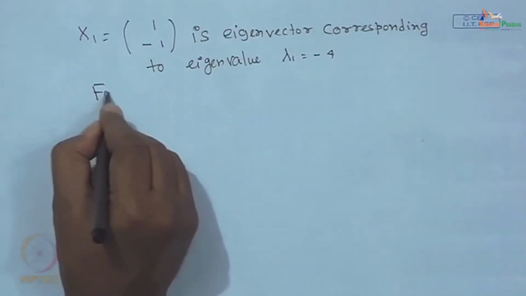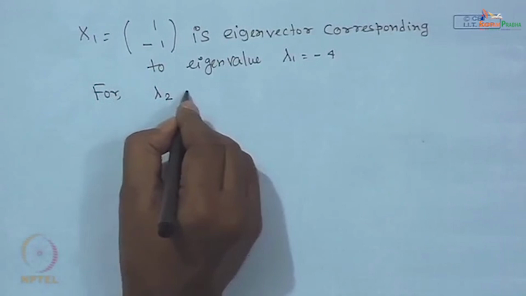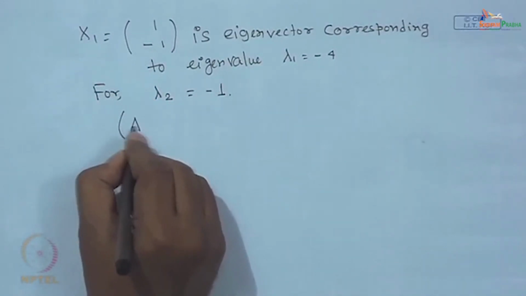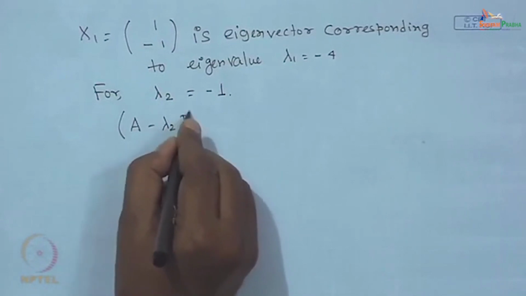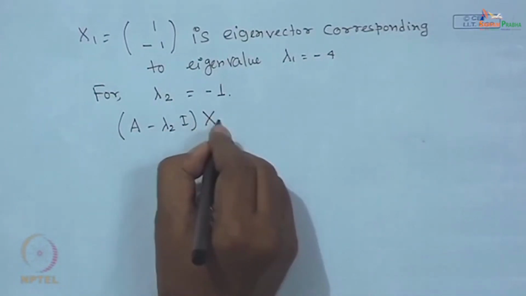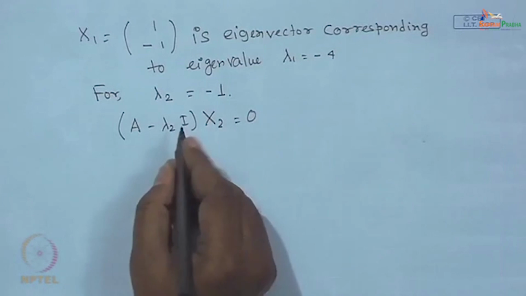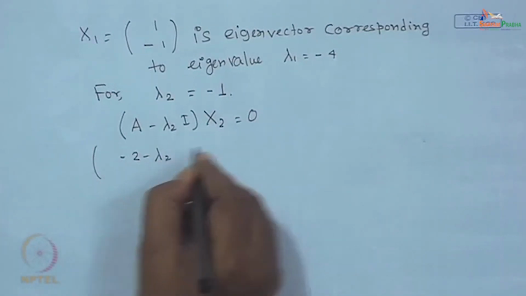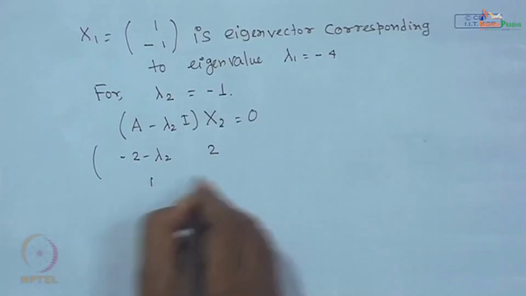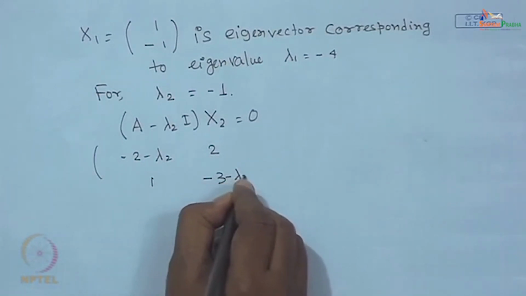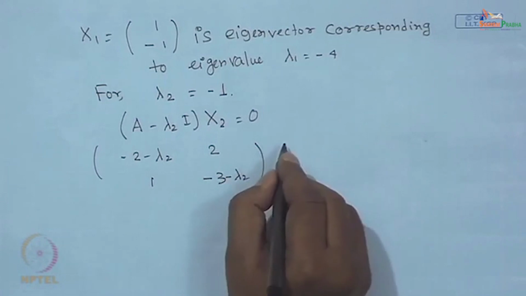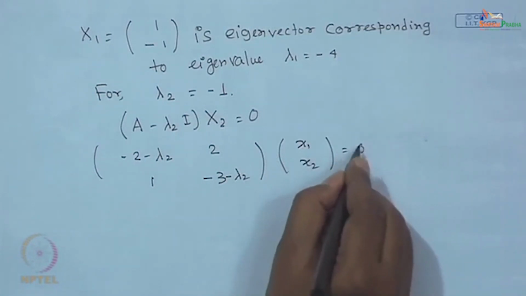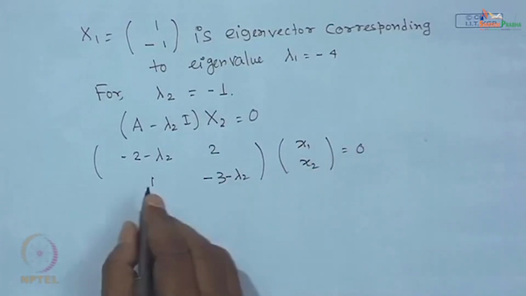For lambda 2, the next eigenvalue, lambda 2 is equal to minus 1. So, again we formulate A minus lambda 2 I, the eigenvalue problem, times x 2 equal to 0. So, this will be minus 2 minus lambda 2, 2, 1, minus 3 minus lambda 2, and again the elements will be, let us say, x 1, x 2, equal to 0.